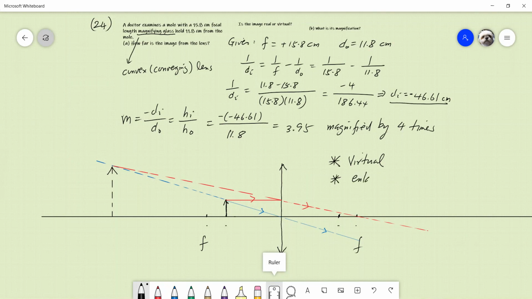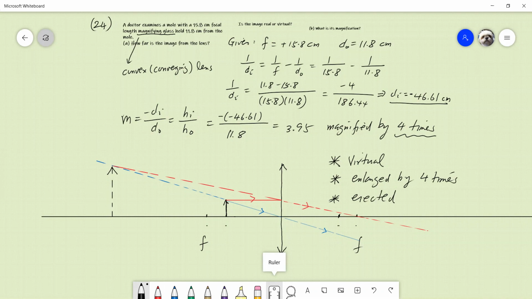Enlarged, right? By how many times? Approximately 4 times, right? Remember that we calculated that, right? And then what else? The image is erect, right? Or the same orientation of the object. Am I right?